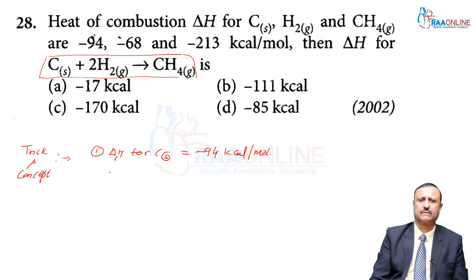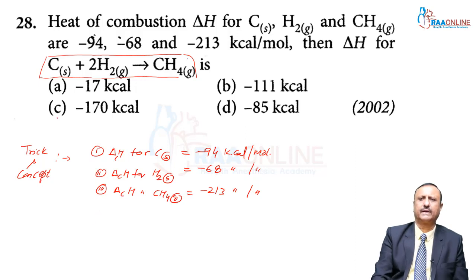Delta H combustion for hydrogen gas is equal to minus 68 kilocalories per mole. Now, the third, delta H combustion for methane CH4 gas is equal to minus 213 kilocalories per mole.